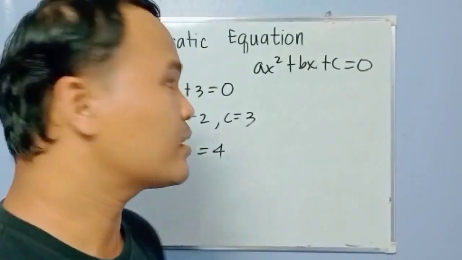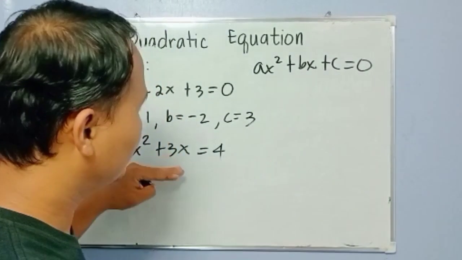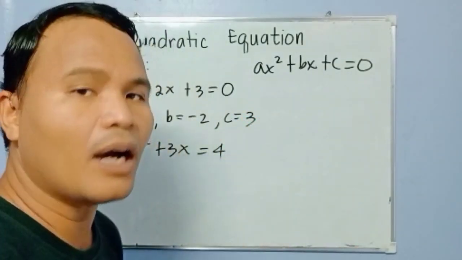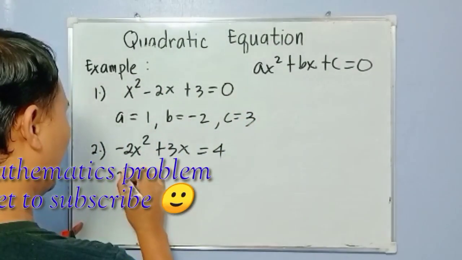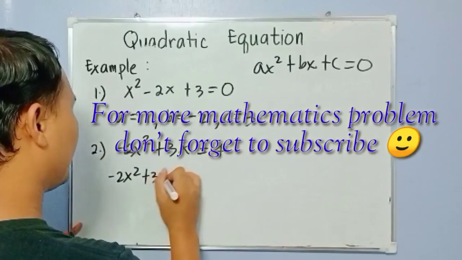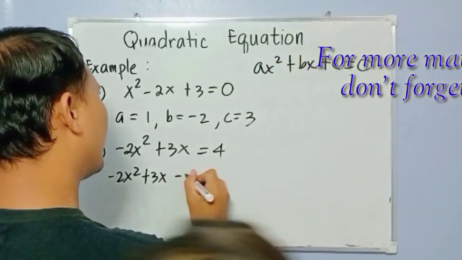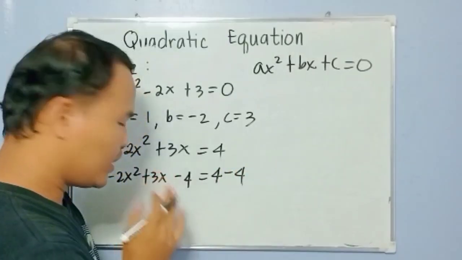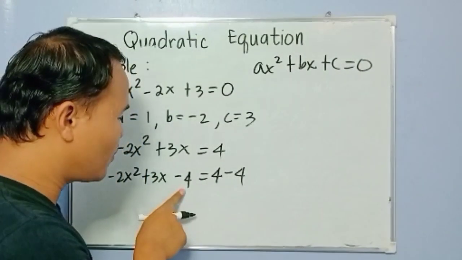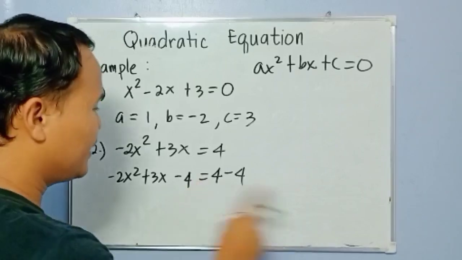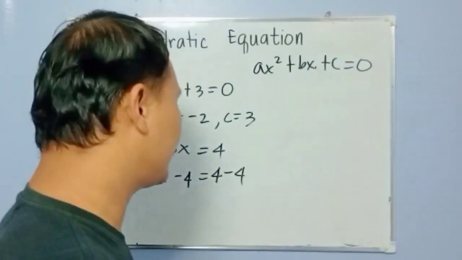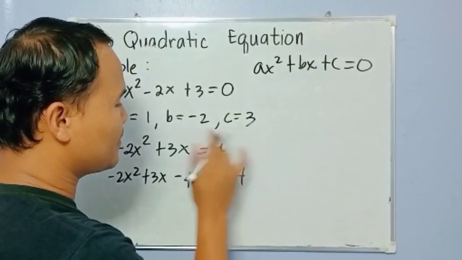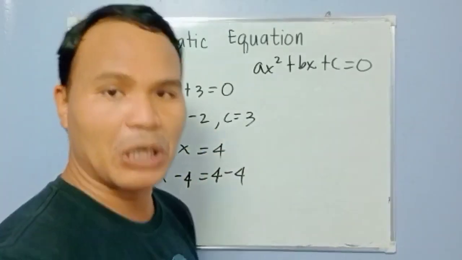So, what we are going to do is to make this one in the form of standard form. How? Okay. Negative 2x squared plus 3x minus 4 equals 4 minus 4. You observe that we have minus 4 on the left side of the equal sign and minus 4 on the right side of the equal sign, because we wanted this number here to become 0.